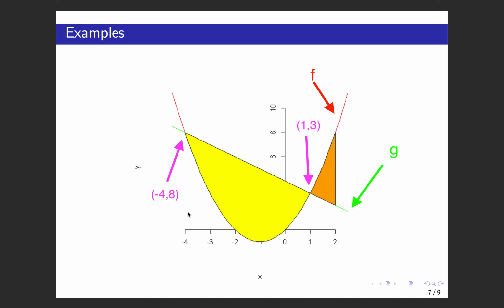Now we look at f minus g within the subinterval from minus 4 to 1. You see that f is below the function g. That means f minus g will be negative. Now from 1 to 2, f is on top of g, so f minus g will be positive.